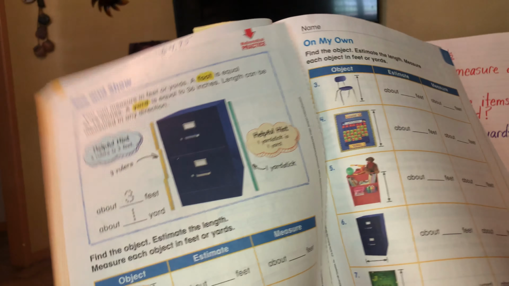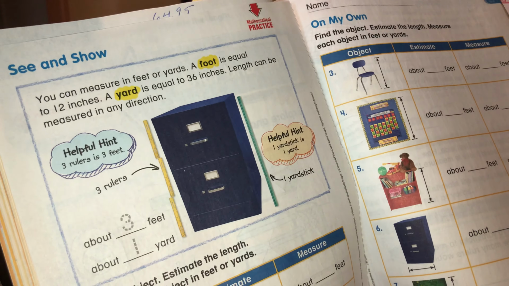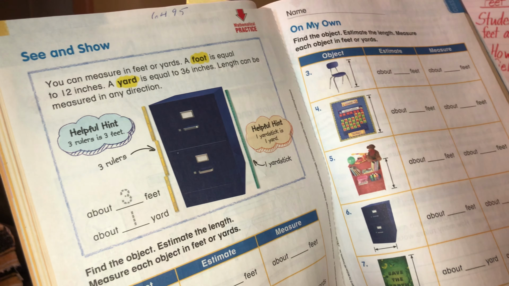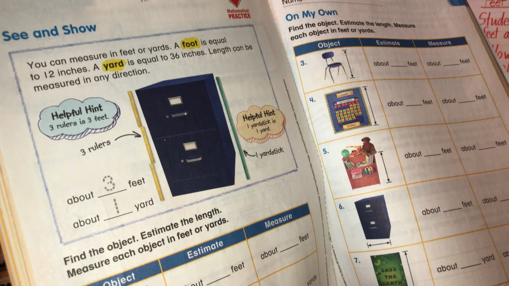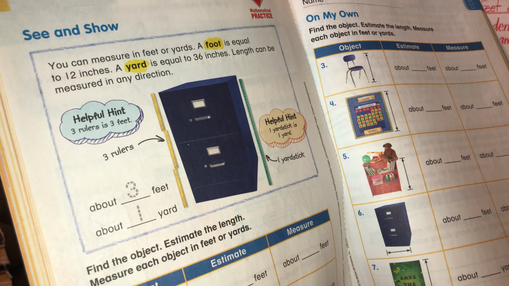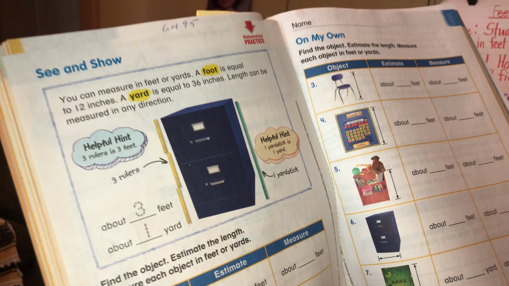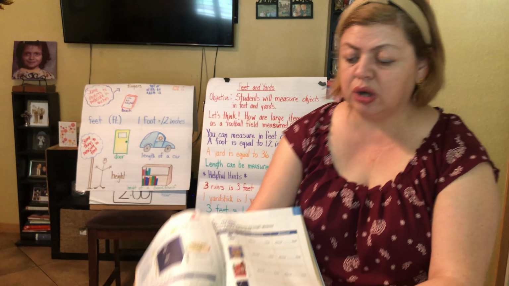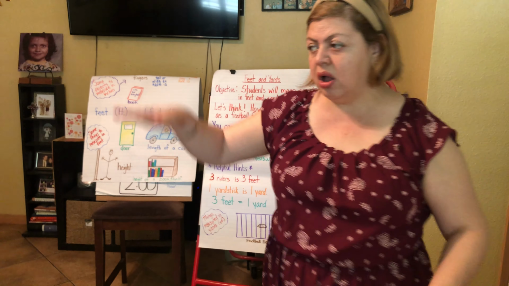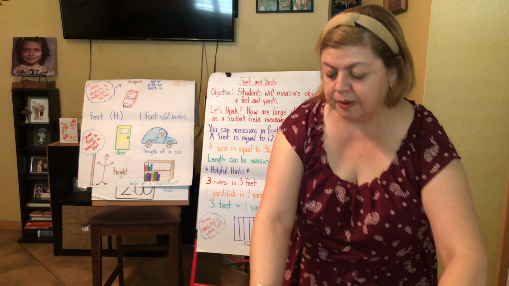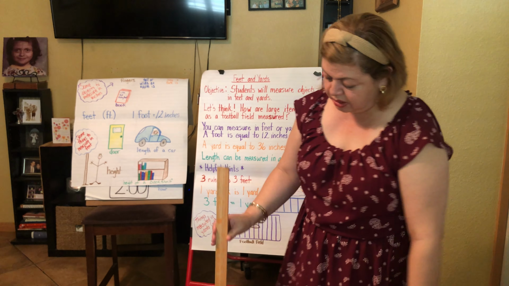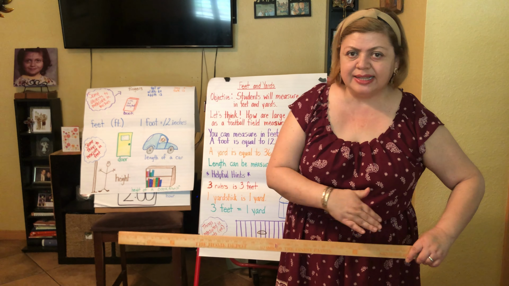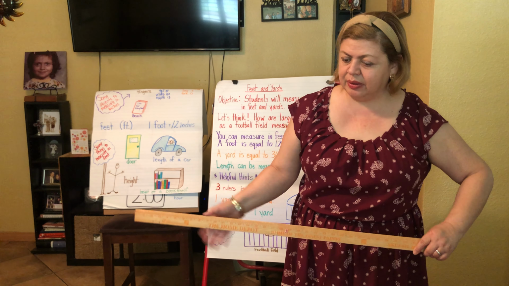And like I always tell you, where it says see and show, they always give you valuable information. They pretty much are stating everything that I already told you, that you can measure in feet or yards. A foot is equal to 12 inches and a yard is equal to 36 inches. And lengths can be measured in any direction, meaning you can measure how tall something is this way, or maybe you want to measure how wide something is, and you would go that way.